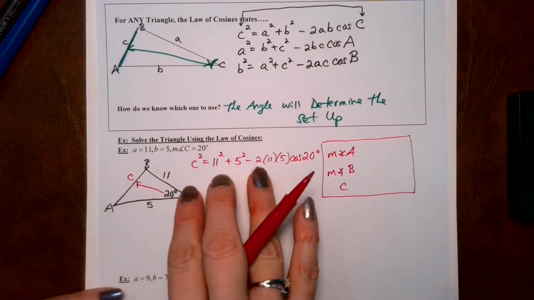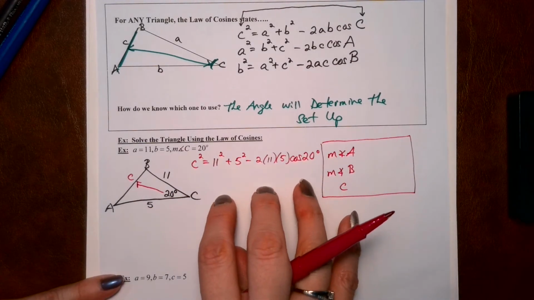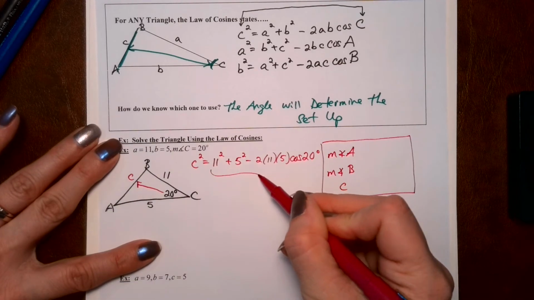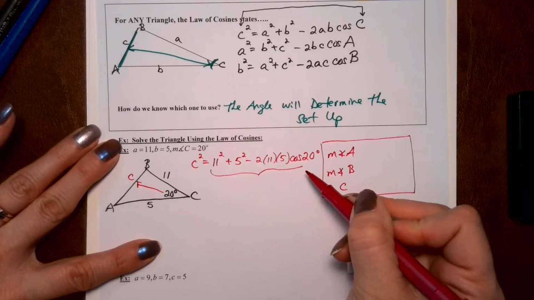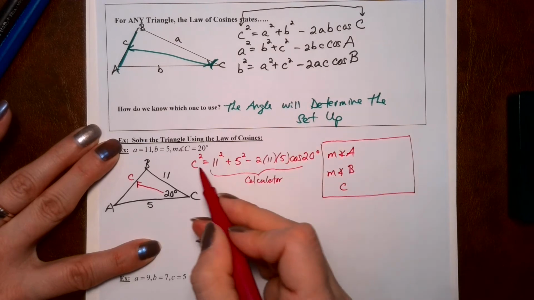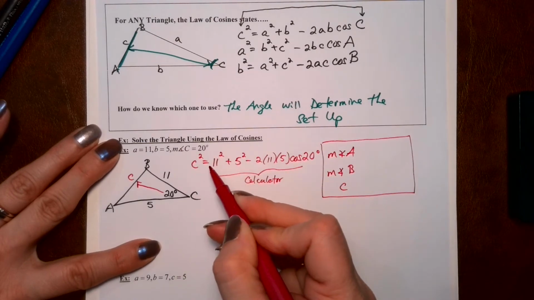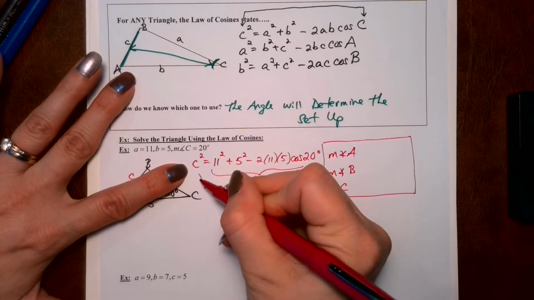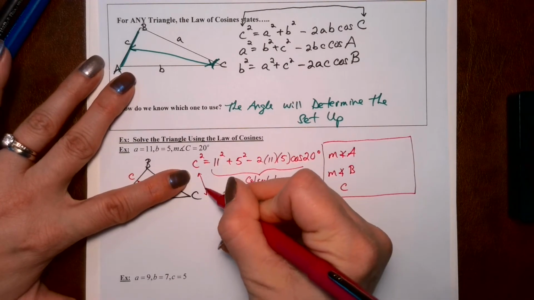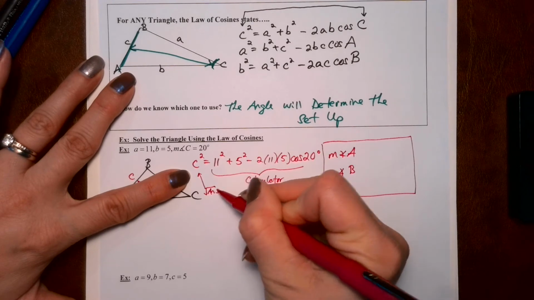Okay, when you have this kind of setup, it's really going to be all calculator work. Okay, so we're going to type this in. This is all calculator. The only thing I would need to see would be this setup right here, except this is c squared. So then we're going to have to square root our answer.